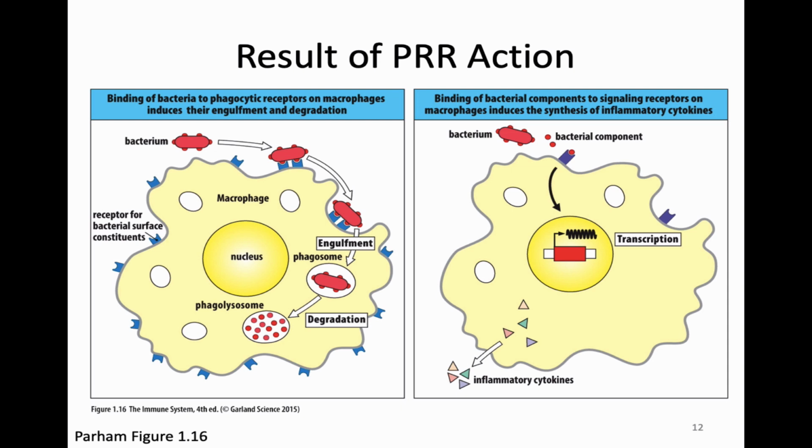After we have a change in transcription, we will have new proteins produced by translation, and those proteins can then be secreted by the cell to have some type of physiologic effect. Most commonly, the proteins that we are going to talk about, at least today, are a group of proteins that are known as inflammatory cytokines.